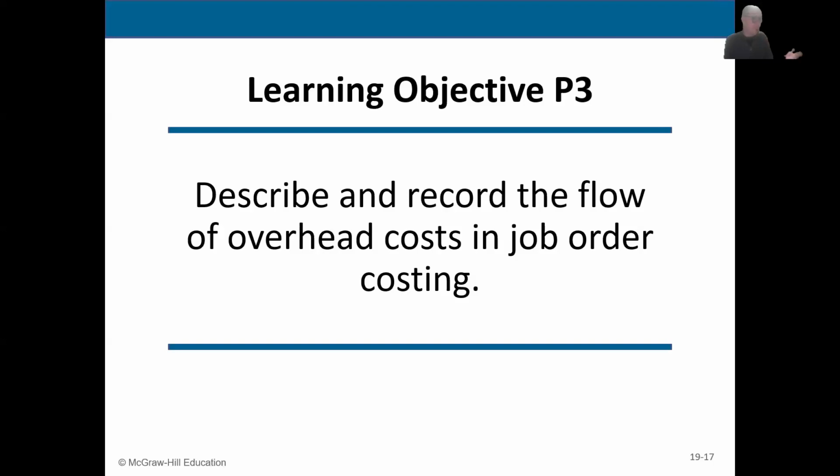Now it's time for factory overhead. Factory overhead, as you know, are things like indirect materials, indirect labor, utilities, rent, etc. All of the things that we cannot directly trace to the making of product.